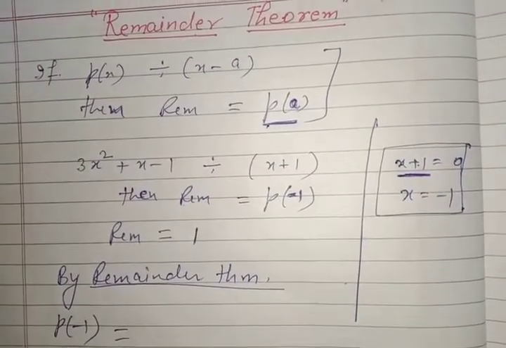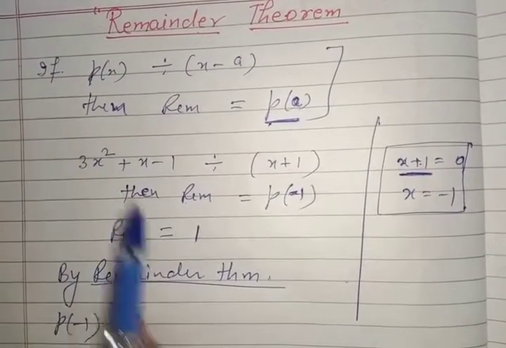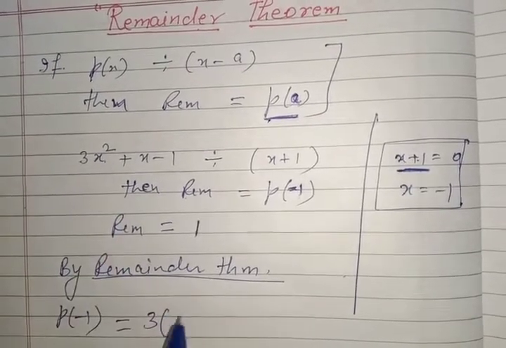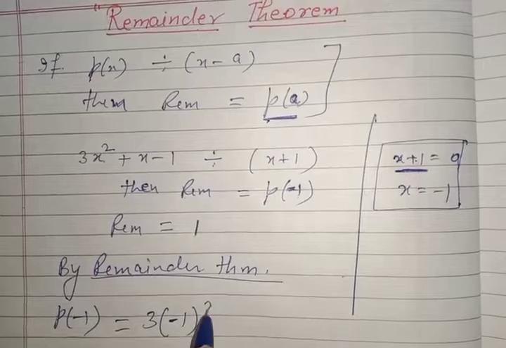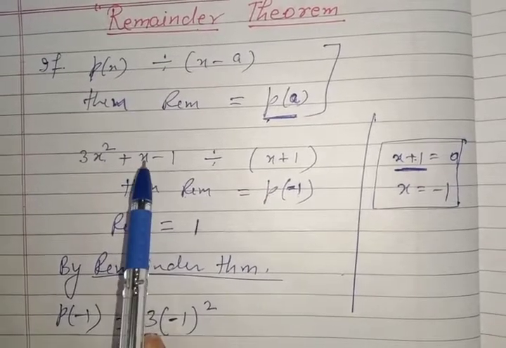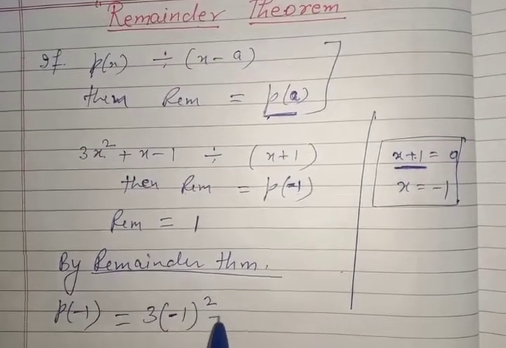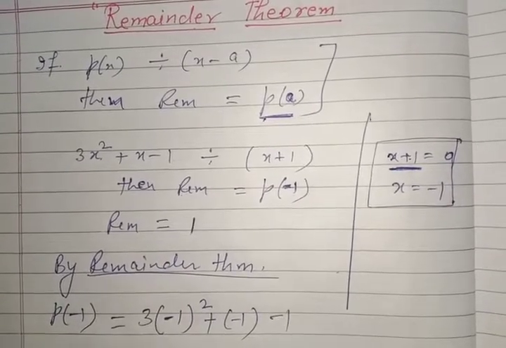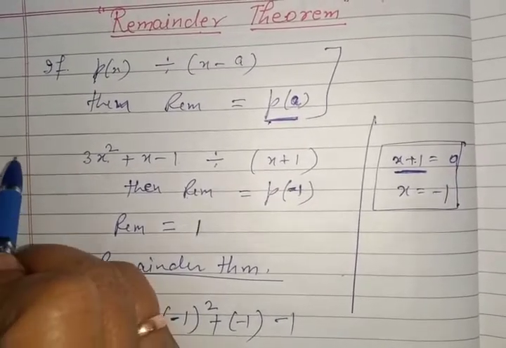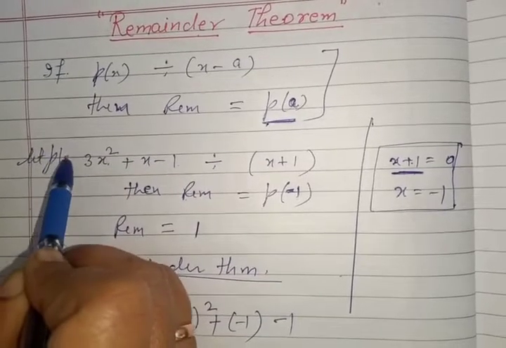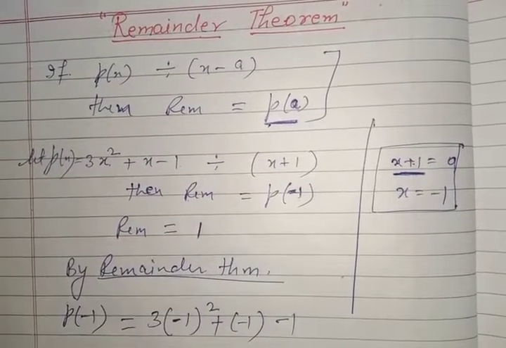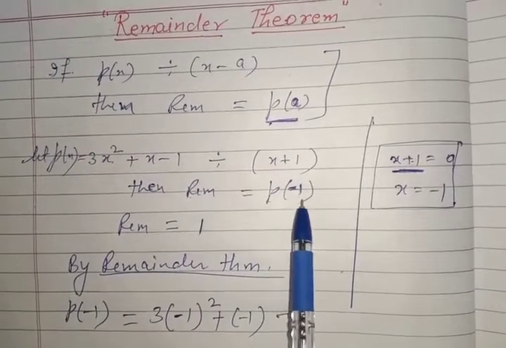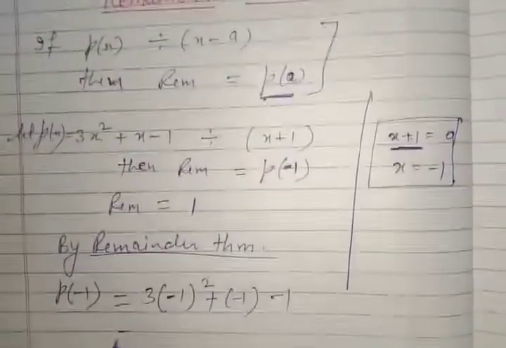P of minus 1, it is 3x square, so 3 in place of x, what I will write? Minus 1 square, and then x in place of x I will write minus 1 and this minus 1 as it is. So I have to give its name also. Let p(x) is equal to this, then only I can write here p of minus 1. If it is p(x), then remainder is p of minus 1. Now I'll solve it.